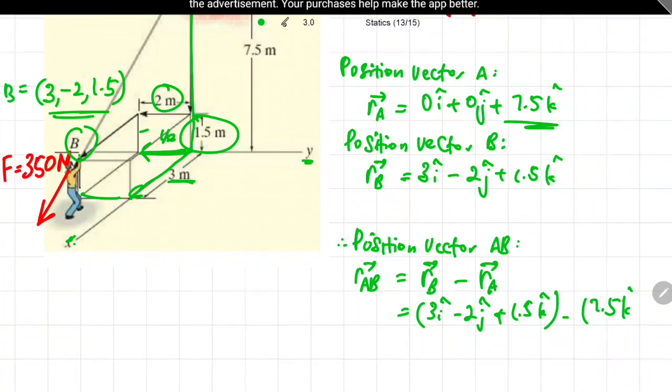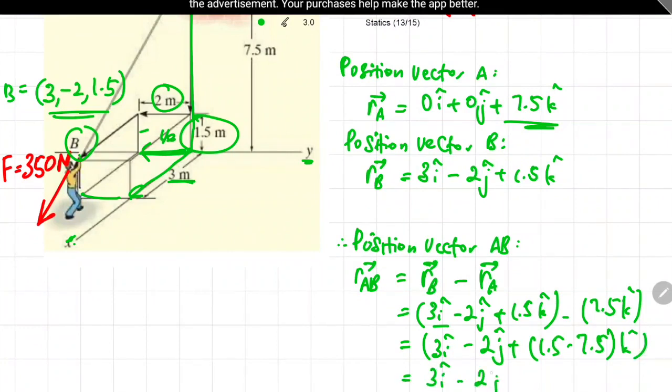Yang i and j tu is 0, so kita boleh just neglect in our equation. Okay, we can solve this equation and we'll get a corresponding value of 3i minus 2j minus 6k.